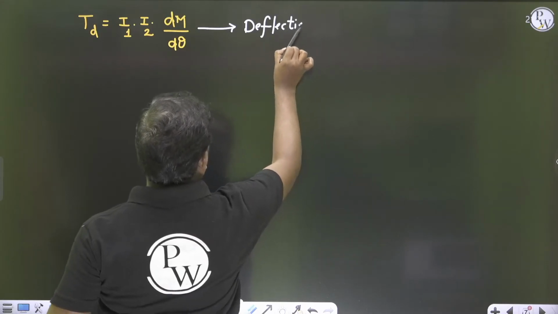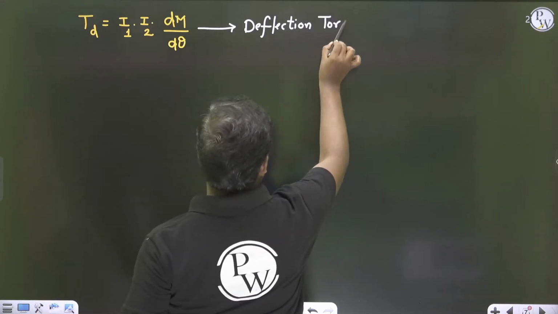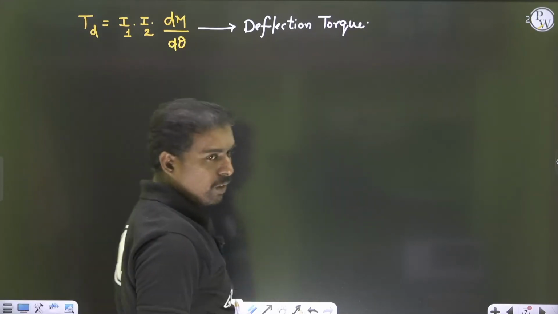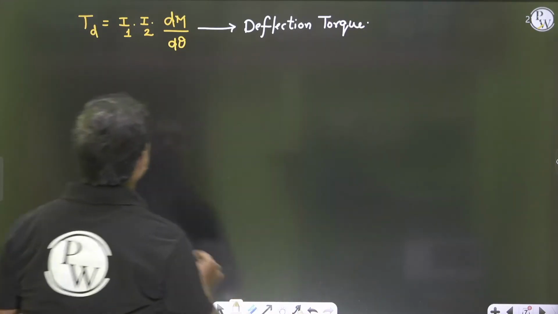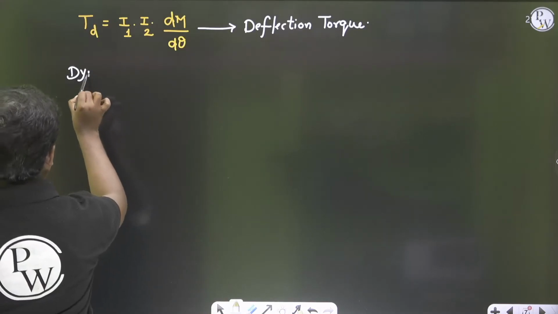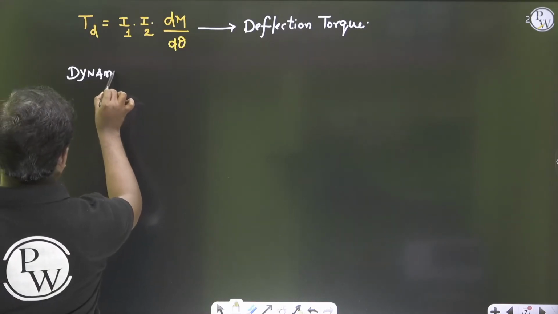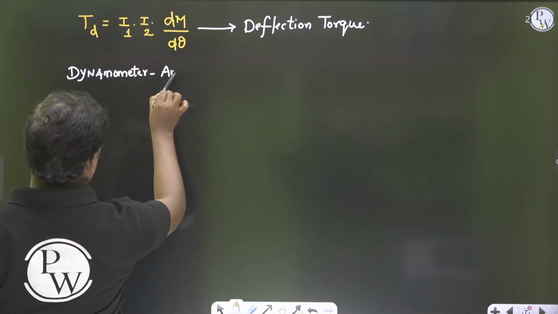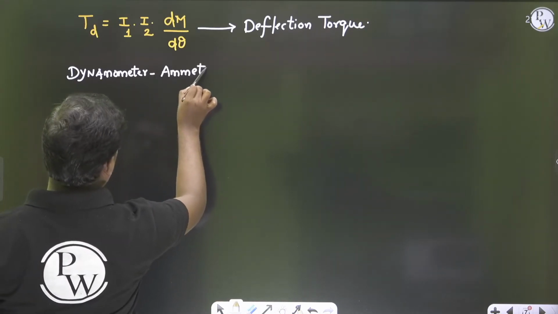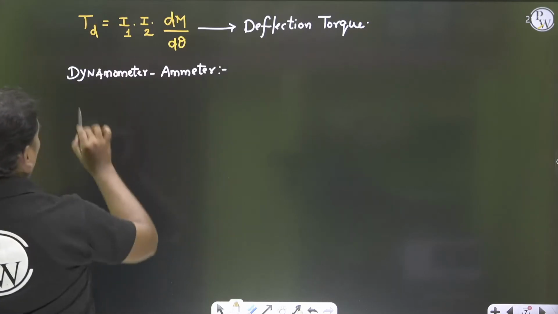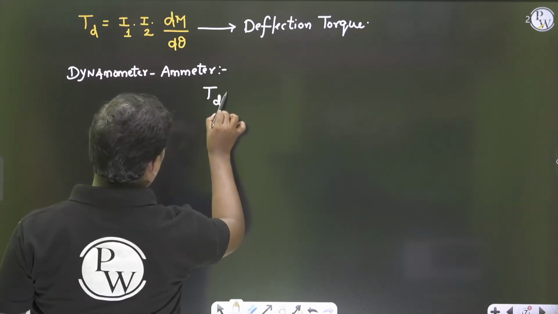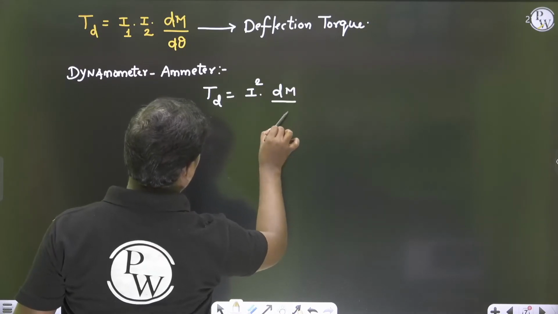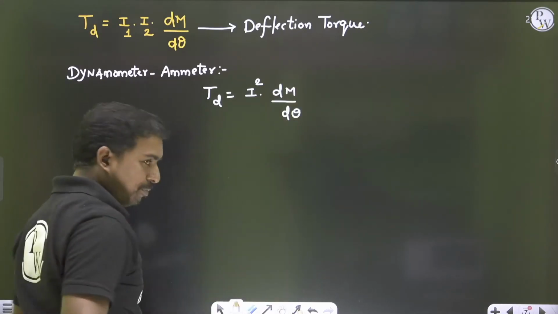Deflection torque. Now from this, if you take these two currents as equal in magnitude, for a dynamometer type ammeter, the deflection torque will be equal to I square dM by dθ. Take the two currents as equal.